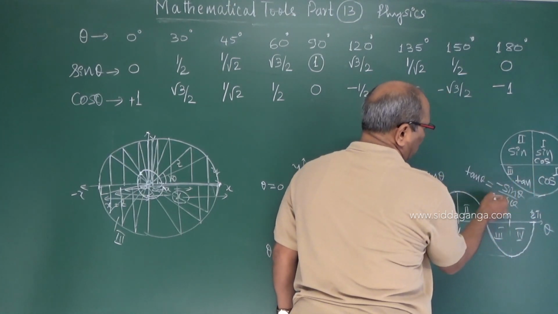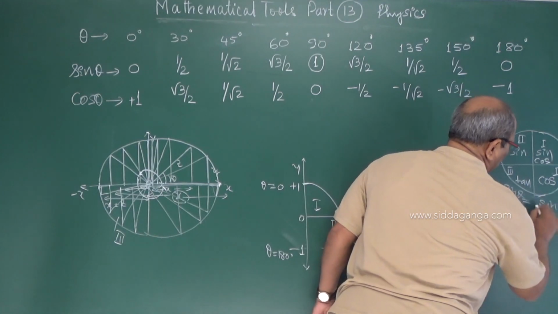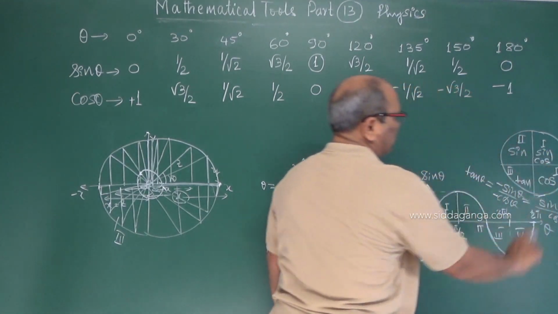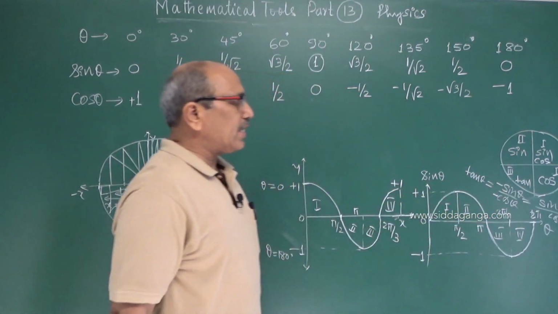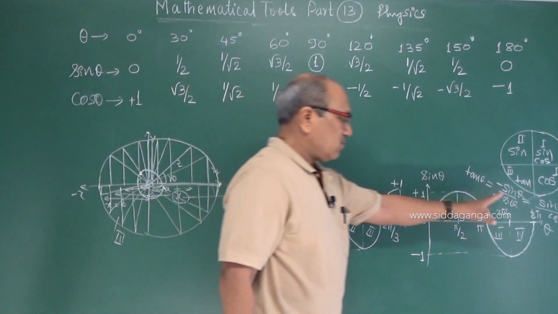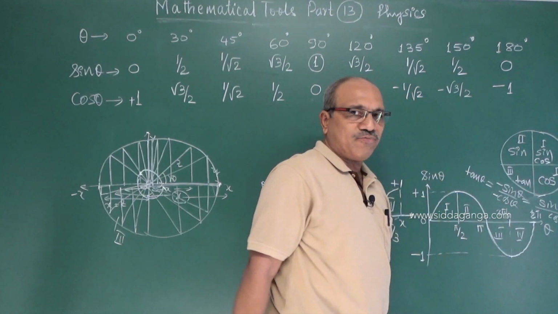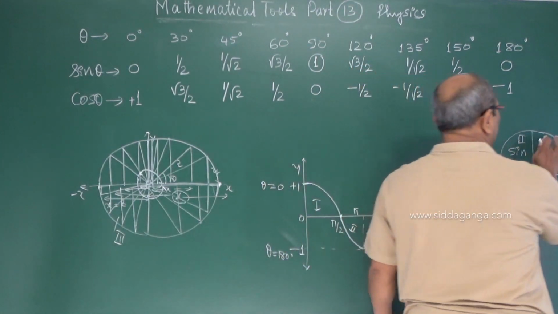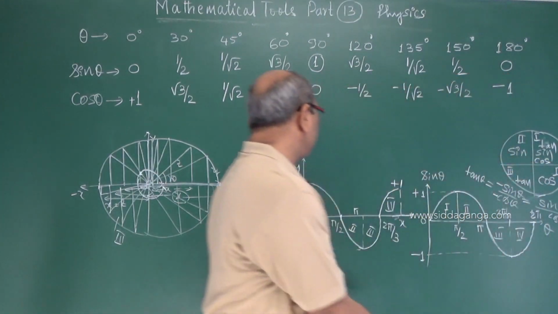Sin is negative, cos is also negative. Therefore, sin theta by cos theta becomes positive, because minus of minus cancels. So only tan is positive in the third quadrant, and as sin and cos are both positive in the first quadrant, therefore I can write that in the first quadrant tan is positive.